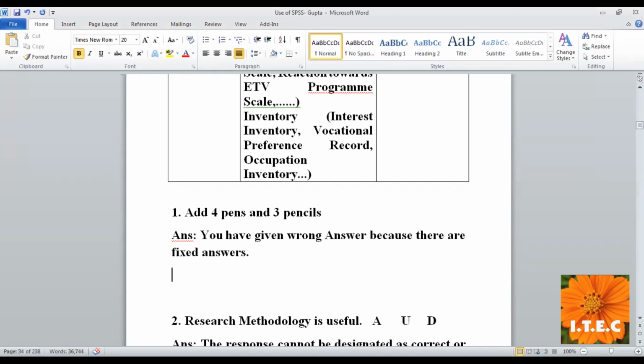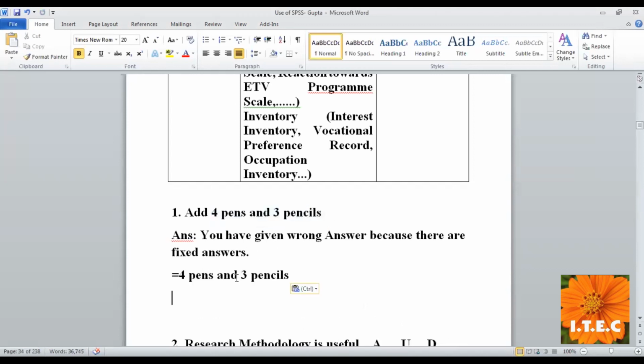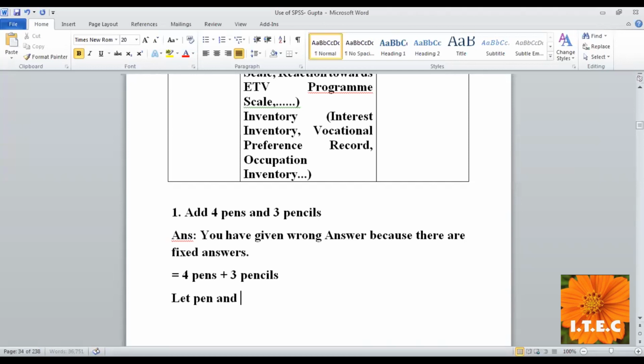Now you can say that it is 4 pens and 3 pencils. So in place of and, I can put a plus sign. And then I can say, let pen and pencil be object.